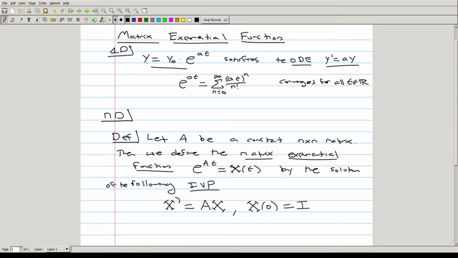Just like the function X equals e to the at is essentially defined by the differential equation X prime is equal to a times X with an initial condition X naught of 1.